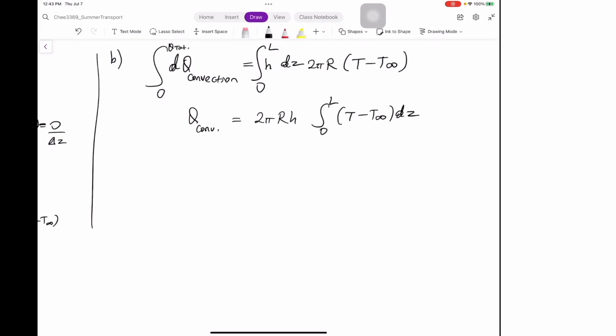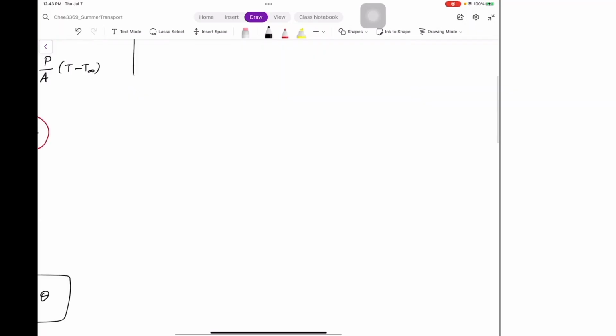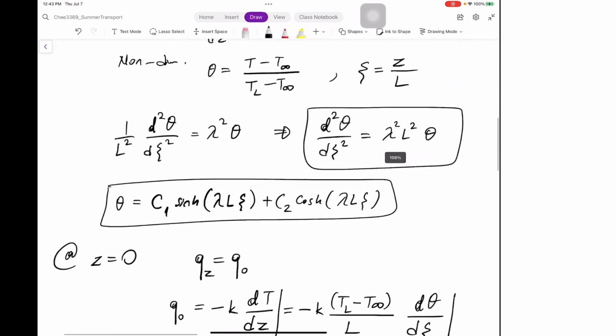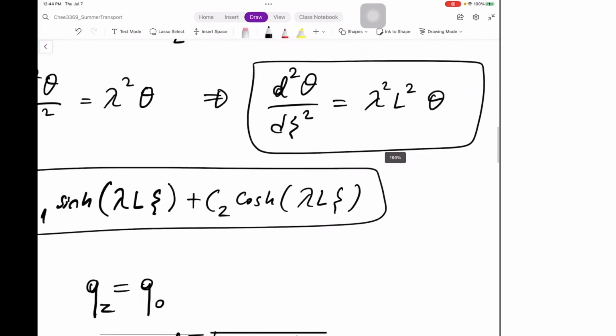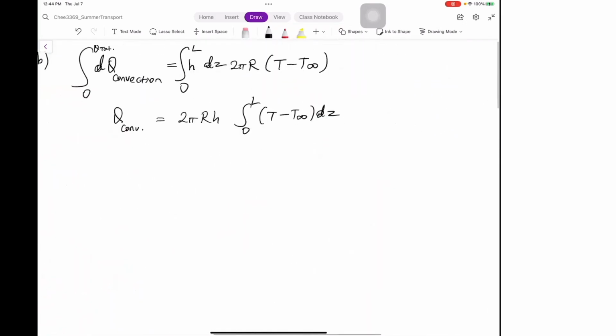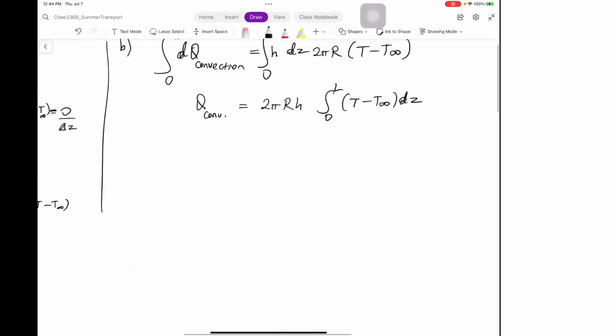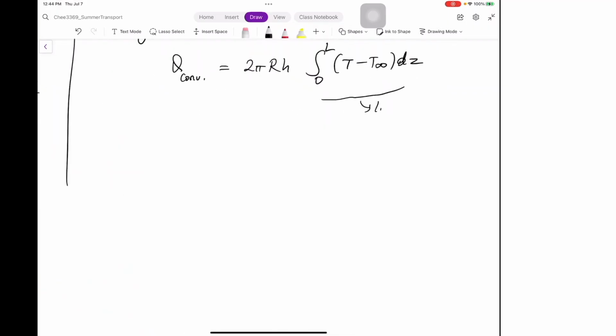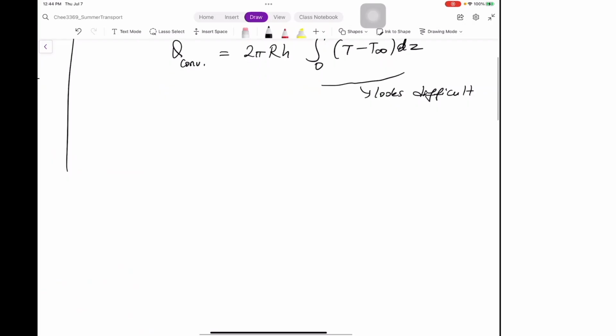Oh my God, you're going to plug in those C2, C1, whatever, and take the integral. That would not be really convenient, right? So this looks difficult. You can do it, but that looks difficult.